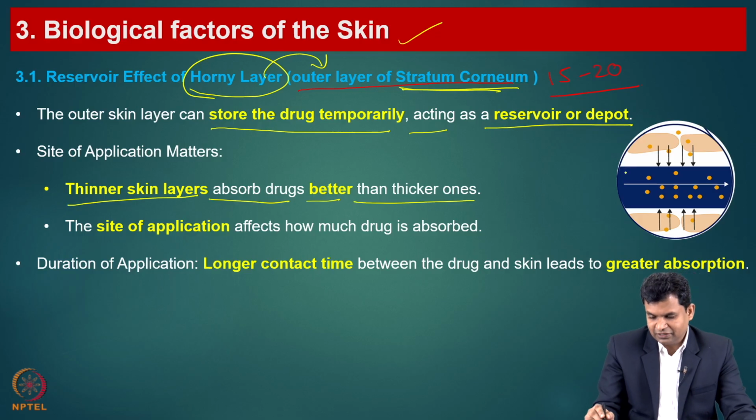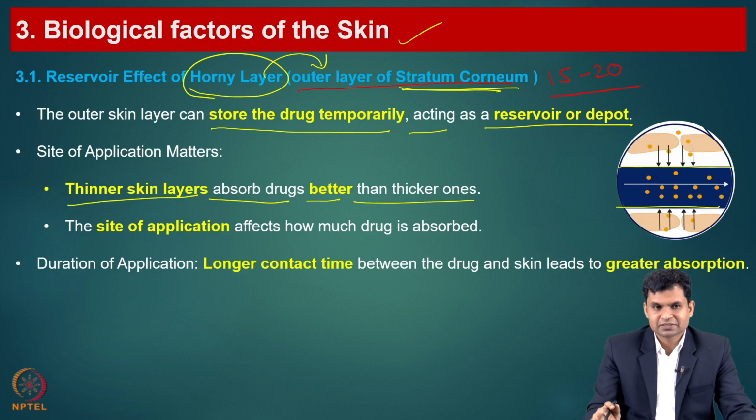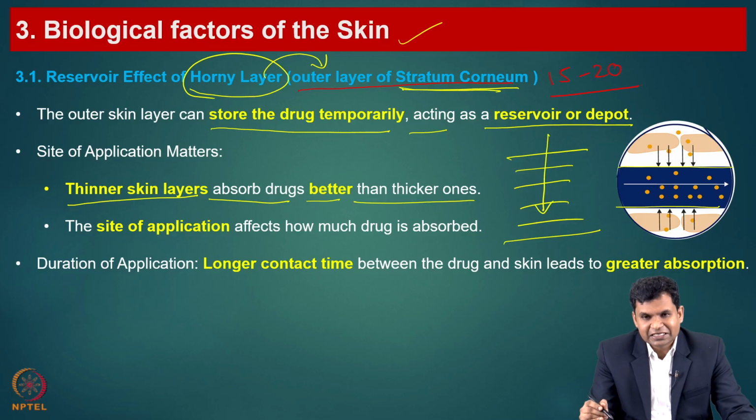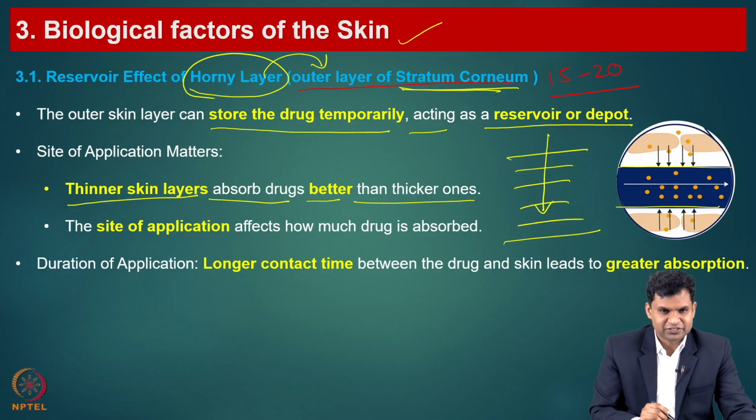For example, here it is a very thin type of layer, so the chances of permeation will be very high. If you have more layers and the skin layers are very thick, then permeation is very critical. Each layer will be a rate-limiting step for permeation.